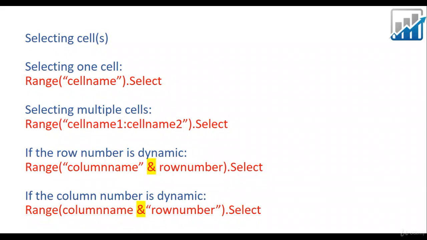Ampersand tells VBA that we are dynamically sending some value. Similarly, if the column number is dynamic, column name over here is the macro name or the variable name which I'm going to pass on dynamically, and row number is what I'm aware of. We will look at one example where we will be dynamically sending row numbers later in the session.